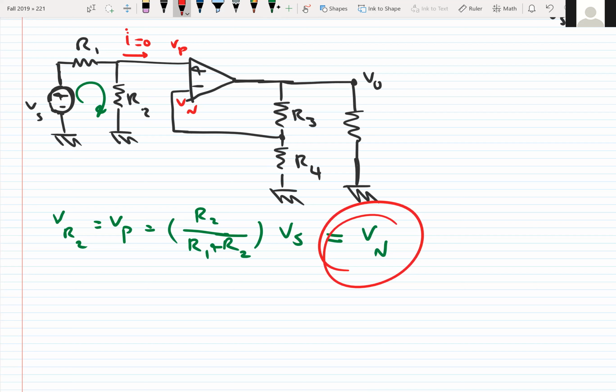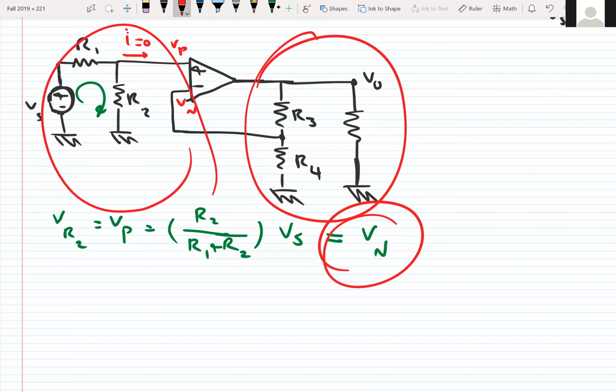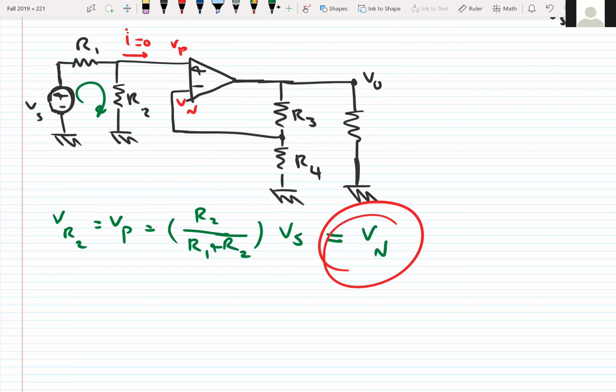So Vn is equal to that. Now let's find the node that connects the input side to the output. When I say input, I don't mean exactly the input, I mean the left side to the right side. Which node connects the inputs of the op-amp to the output of the op-amp?